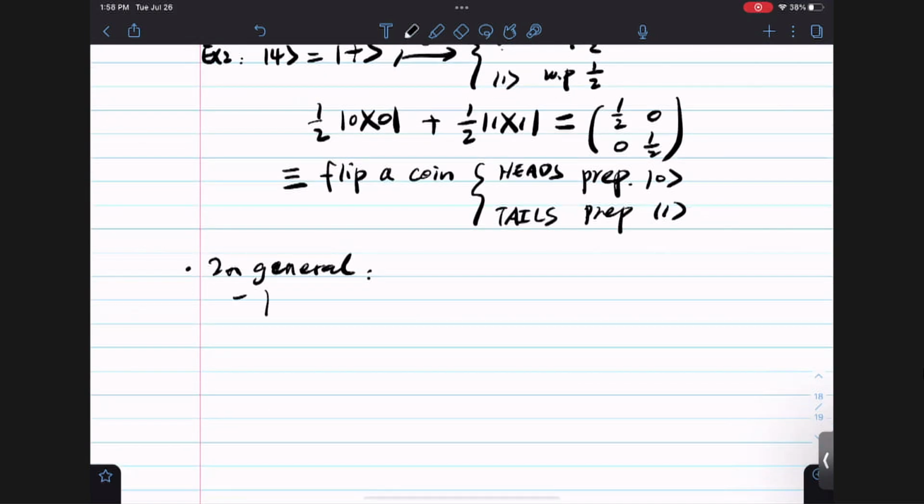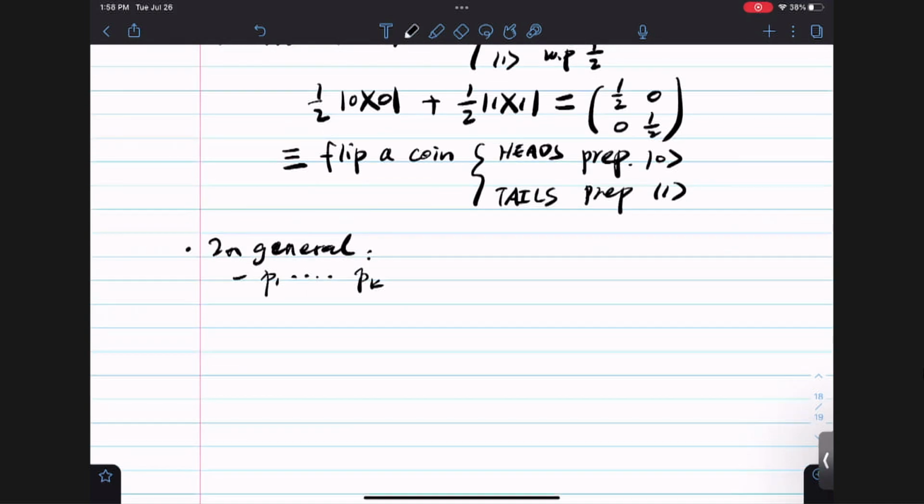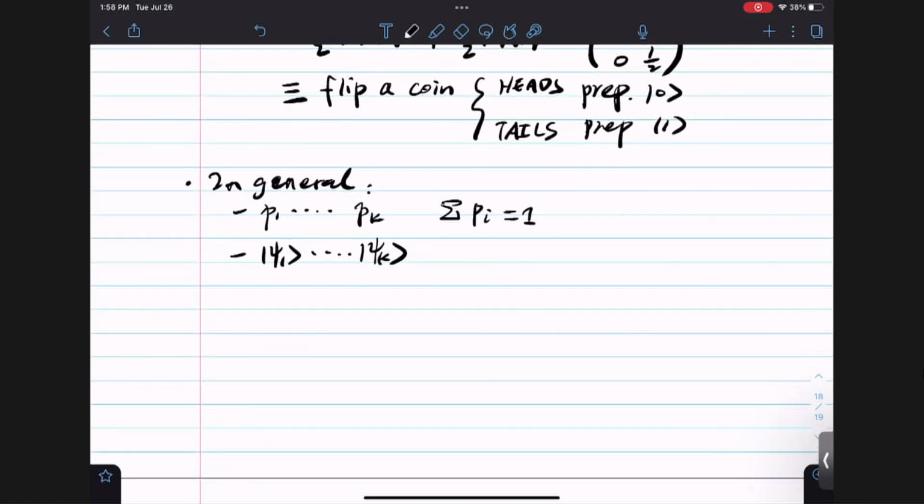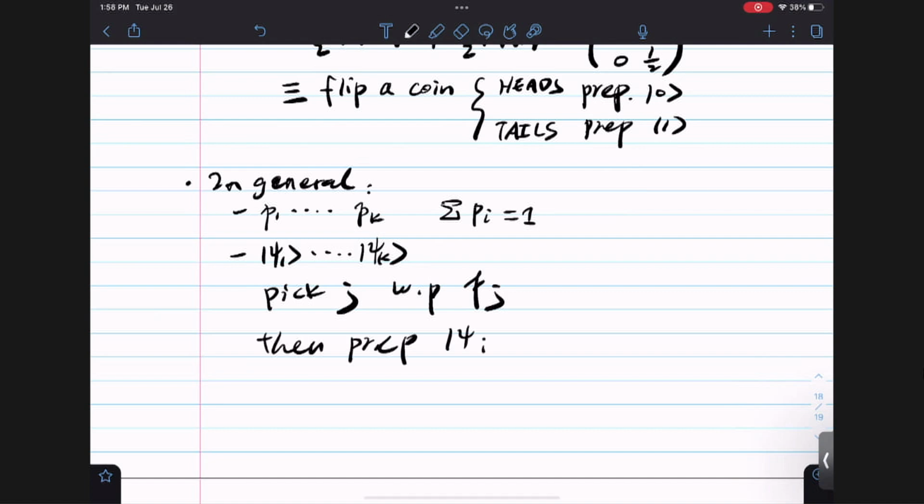So suppose we have a probability distribution p1 to pk, so they sum up to 1. And then there's correspondingly a bunch of possible quantum states, psi 1 to psi k. Now, suppose we first pick an index j according to this classical distribution, and then prepare a state psi sub j.